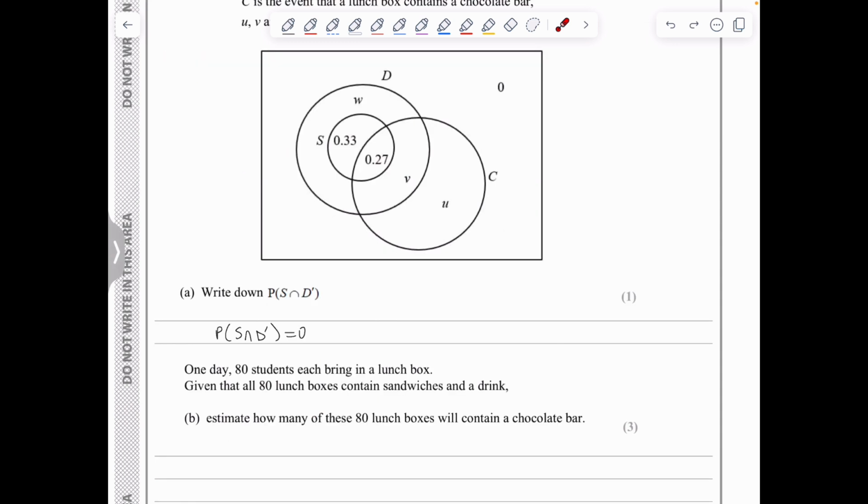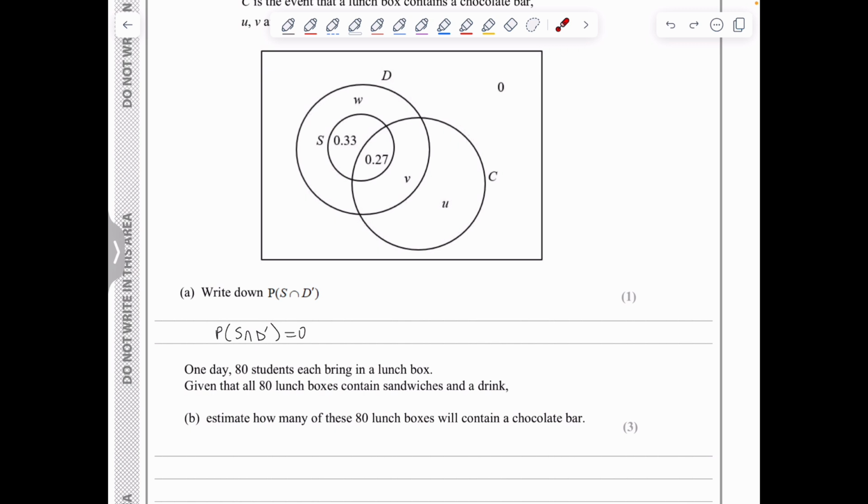We then have 80 students bringing their lunchbox, and it is given that all 80 lunchboxes contain sandwiches and a drink, and we need to estimate how many of these 80 lunchboxes will actually contain a chocolate bar. This is an example of conditional probability.